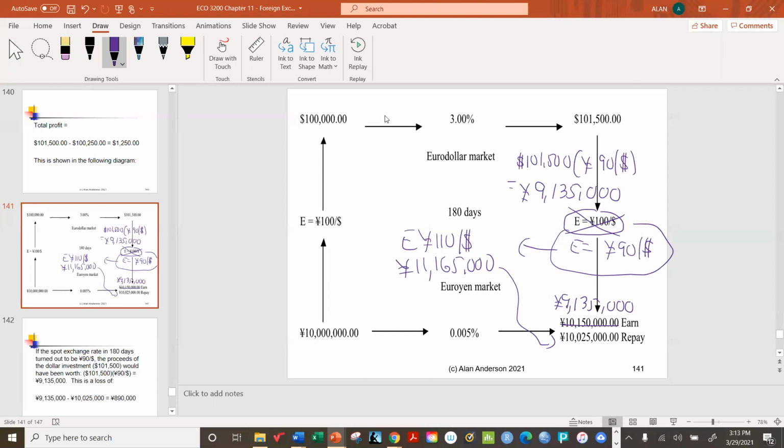So our profit then, wait, hold on a second. Would have been about 1.14 million yen, which would have been worth about 10,400 US dollars.